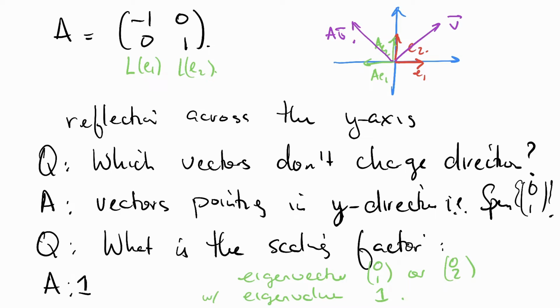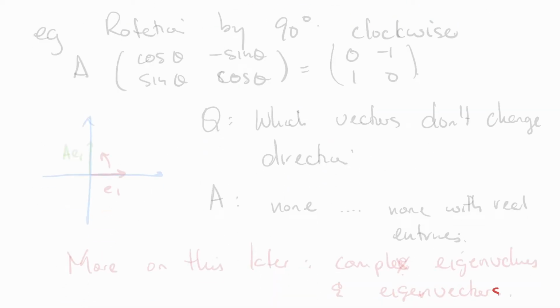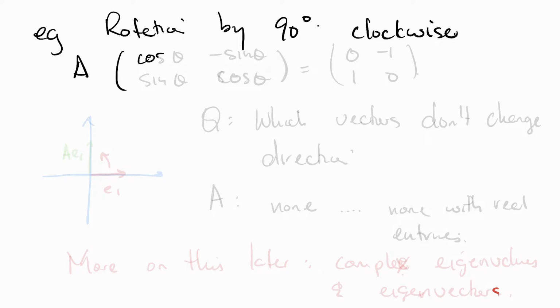Okay, let's do another example to show that it's not always so simple and we might need to get some more tools. Let's talk about rotation by 90 degrees clockwise. Well, we know in general rotation by theta looks like this.